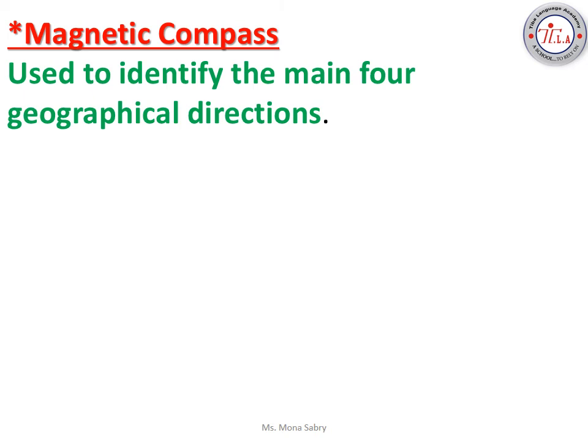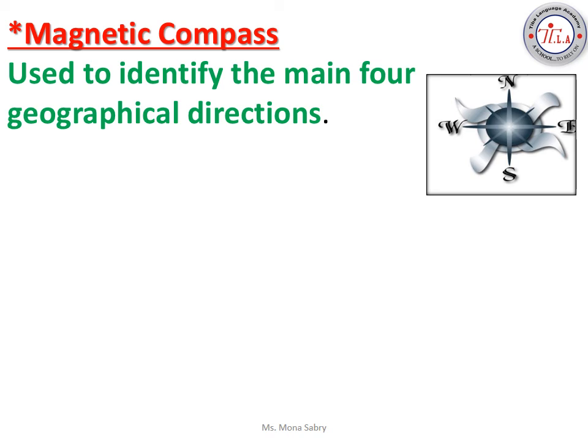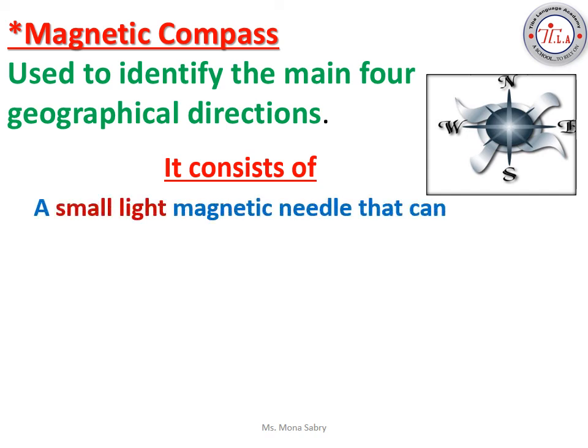The magnetic compass is used to identify or determine the main geographical directions. The main geographical directions are north, south, east, and west. A compass consists of a small, light magnetic needle that can spin freely around its fixed axis.